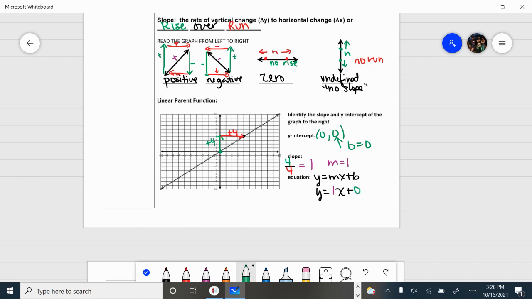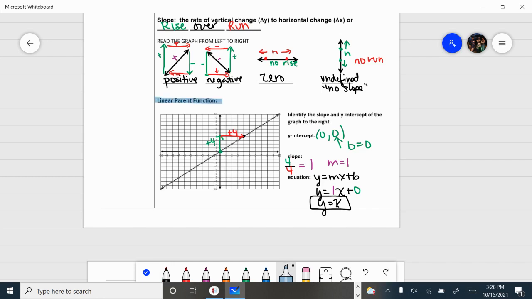If it's a 1x, we don't have to write the 1 in there. If my y-intercept is 0, we don't necessarily have to write that on there either. So we can just write it as y equals x. Okay. This is what's called the linear parent function.